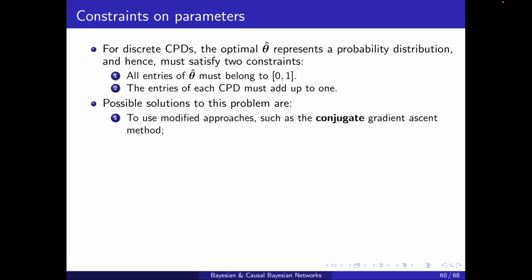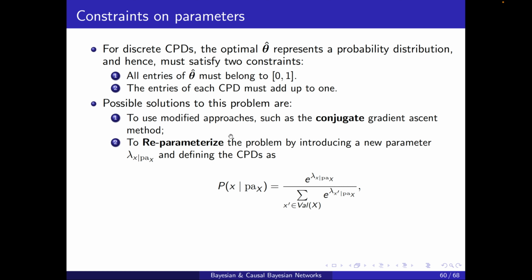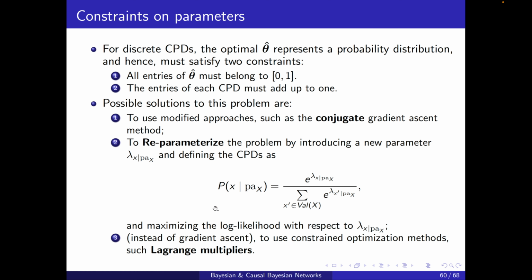The possible solutions are as follows. The first one is to use modified approaches such as the conjugate gradient ascent method. The second is to reparameterize the problem by introducing a new parameter lambda of x conditioned on parents of x, and then write the whole probability of the CPD in this way. Then I just maximize the likelihood with respect to this parameter lambda.